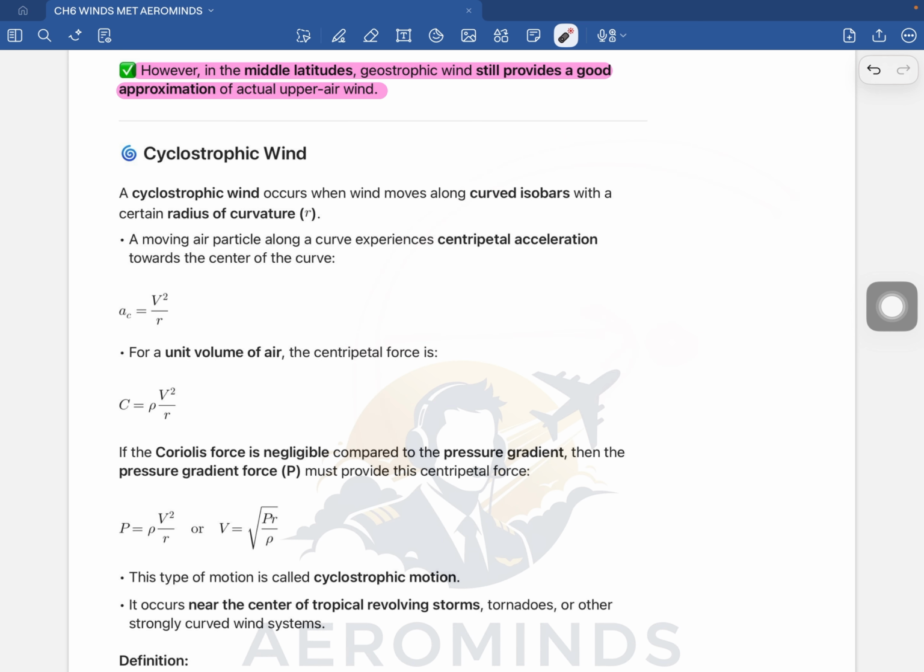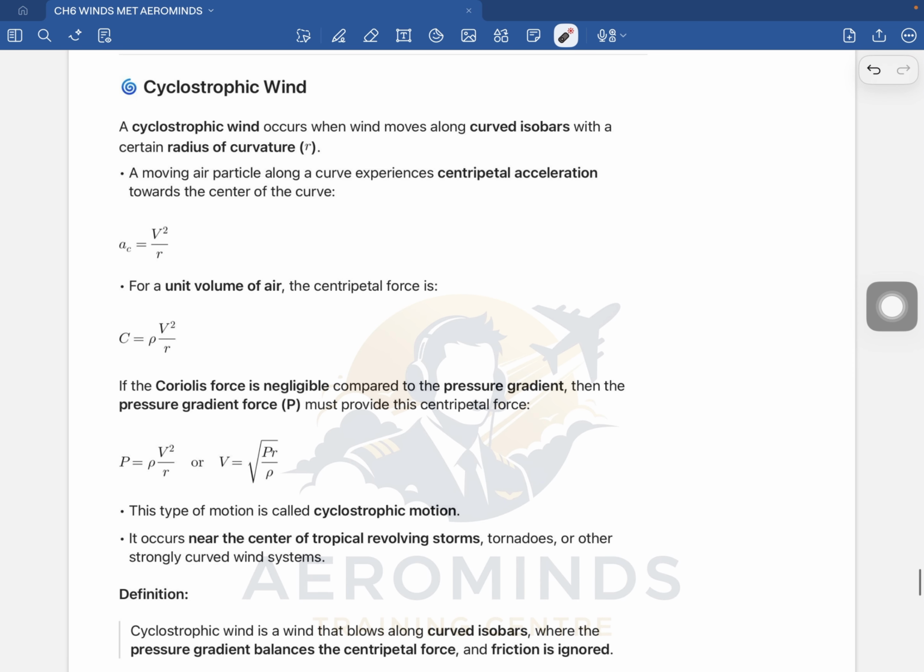Now, the formula for the centripetal acceleration is v squared divided by r, where v is the speed of the object and r is the radius of the curve. If you apply this to the wind, when an air particle moves along a curved isobar, it must experience centripetal acceleration towards the center of curvature.